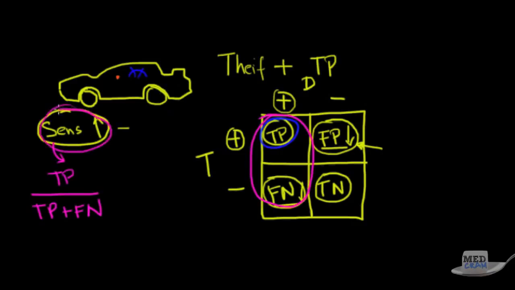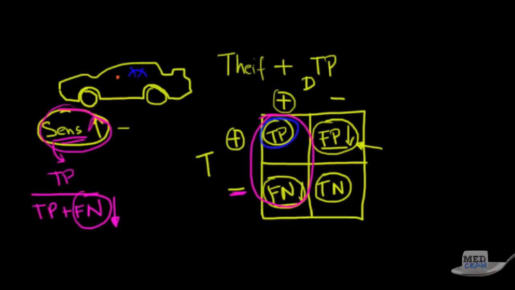And so the sensitivity, as you can see mathematically, would be very high if the false negative rate was very low. In fact, if something is very sensitive and it's negative, you can practically rule out that disease.